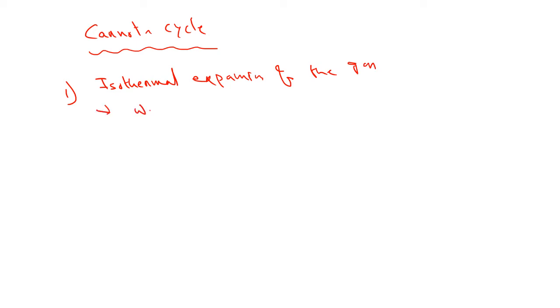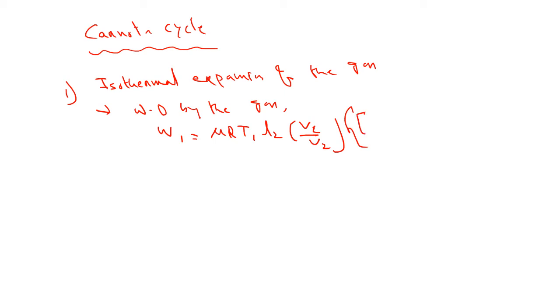So we know the work done by the gas. I already derived the work done for the isothermal and adiabatic processes. I can write W1 equal to mu R T1 ln V2 by V1, where the state changes from P1 V1 T1 to P2 V2 T1.